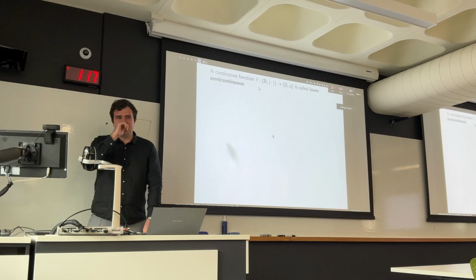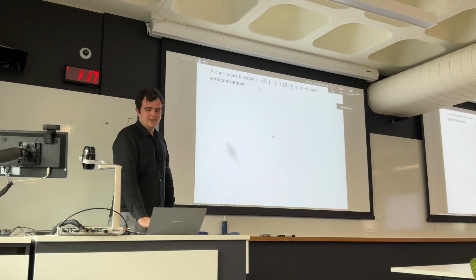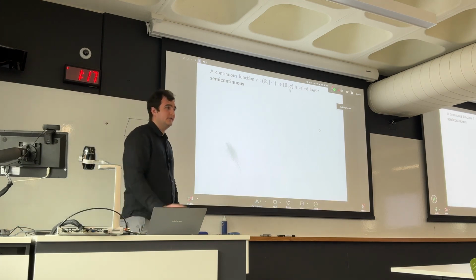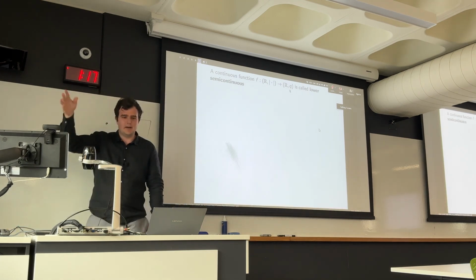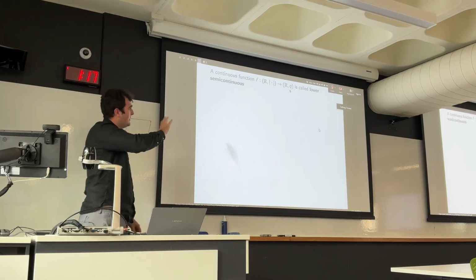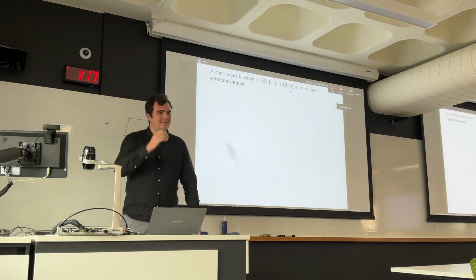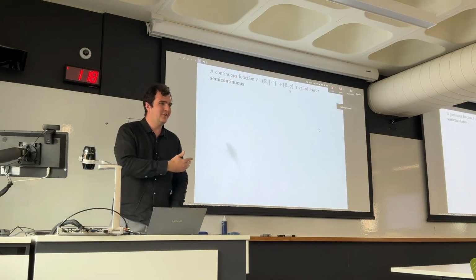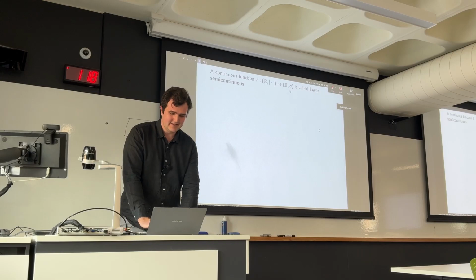So this is the reason I really care about this: you have a function that goes from the reals with the Euclidean metric into the reals with this quality metric, x minus y, and then 0. If it's continuous with these respective topologies, it's called lower semi-continuous. That's slightly different to the normal definition of lower semi-continuity, but it's one I quite like.